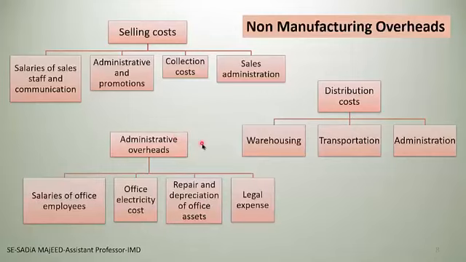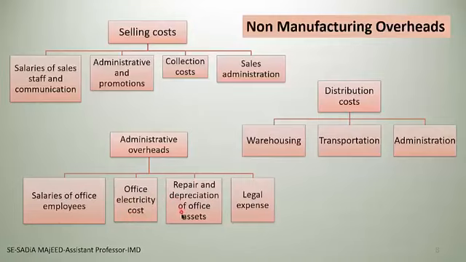The final type of non-manufacturing overhead is administrative overheads. Administrative overheads include salaries of the office employees and office electricity costs. Remember, we include factory electricity cost in the manufacturing overheads, but the office electricity comes under the non-manufacturing overhead.